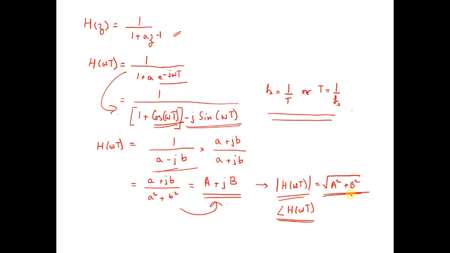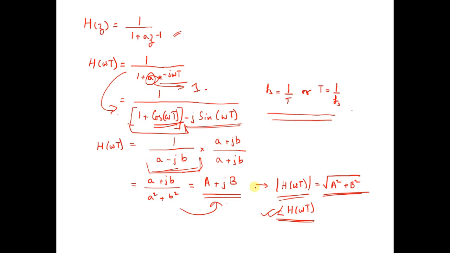It is nothing but the square root of a square plus b square, and this is your amplitude response. Here a has been taken as 1 in this case. So the real components have been taken together so that we can arrive at this form and convert it into the a plus jb format.